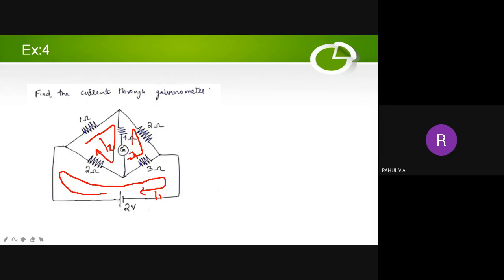So three meshes are there, so three current components are there. We need to find I1, I2, I3, and the current through the galvanometer can be given by I2 minus I3 or I3 minus I2. Both you can take. This is not an issue.